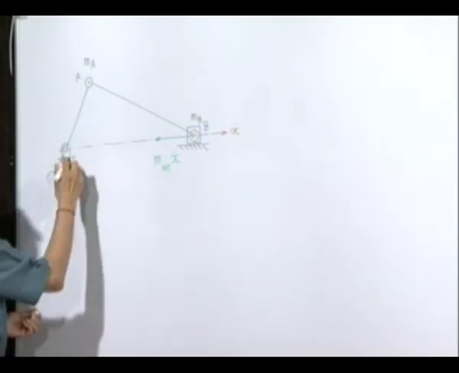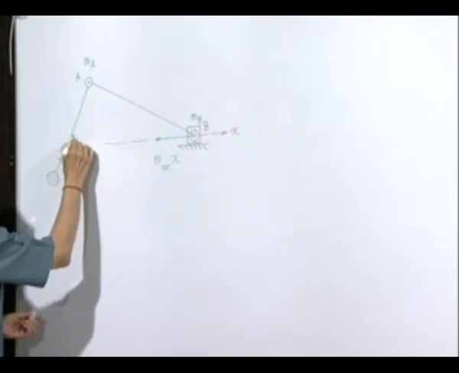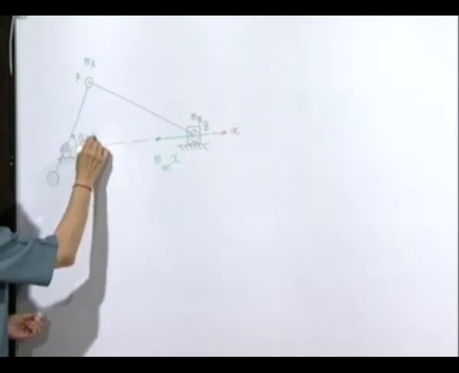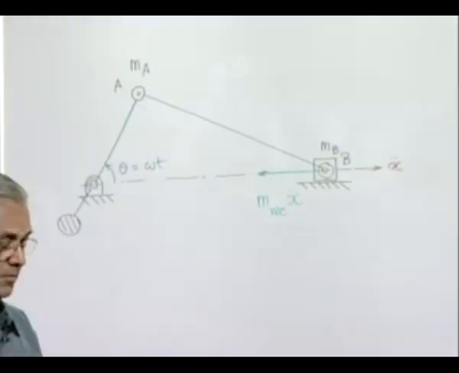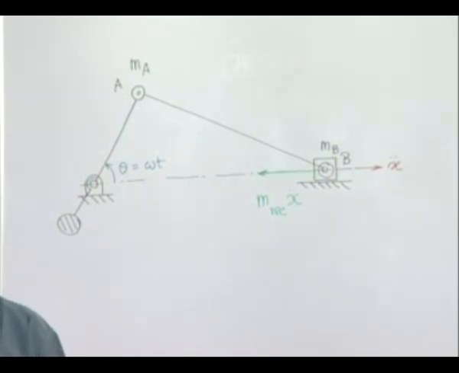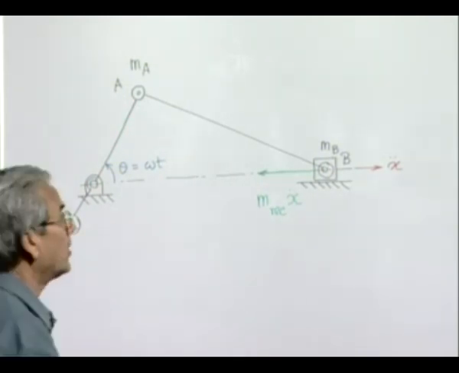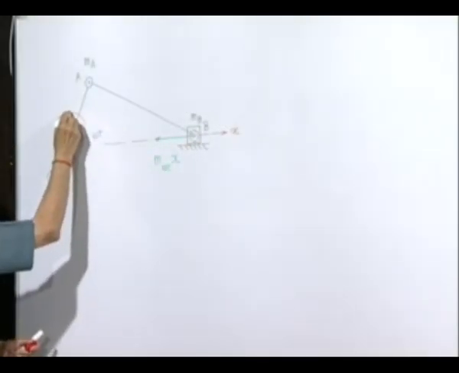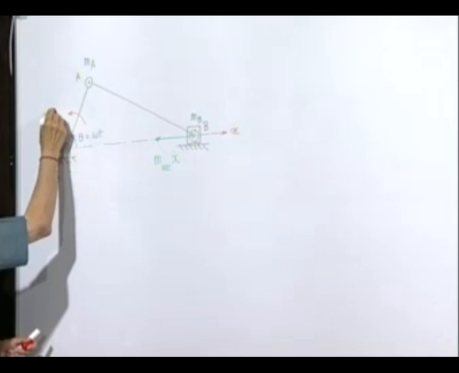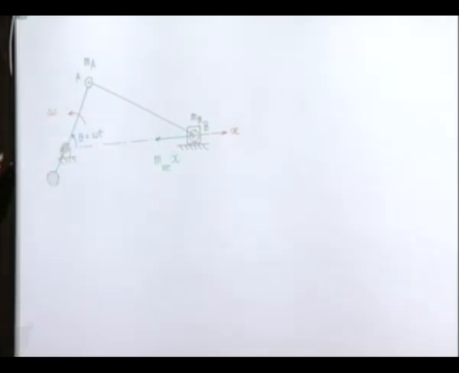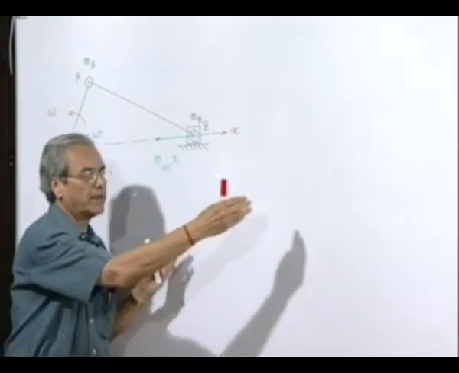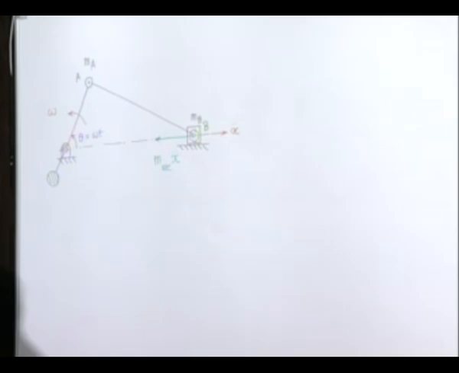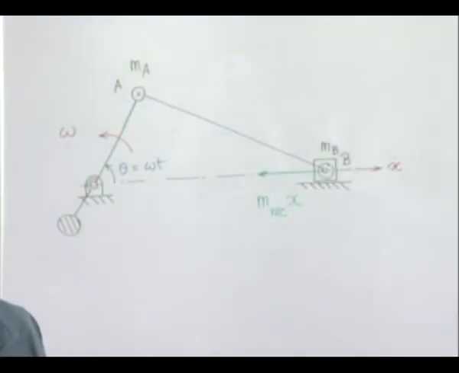It is obviously simple to look at and much simpler to handle, but even then we should not forget that the expression for x2 dot itself is an infinite series, and even for a smooth operation where the crank rotates at a constant angular velocity, the x2 dot will be an infinite series containing all the higher harmonics.